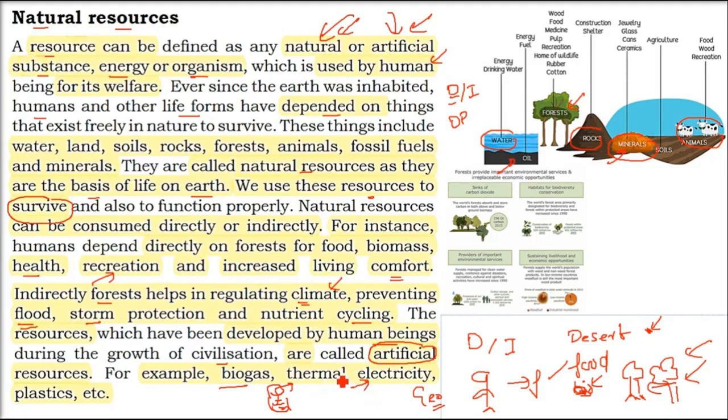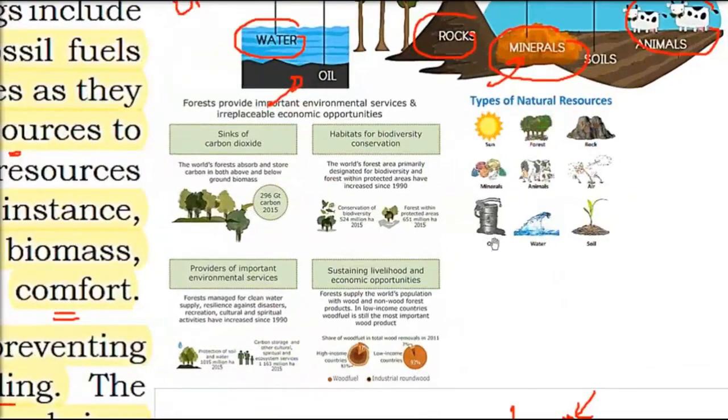Then the electricity, your refrigerator, your TV, your mobile, everything is run by electricity or the battery. And the plastics which are used everywhere now. So natural resources, Mother Earth gives us, and artificial resources are created by us.